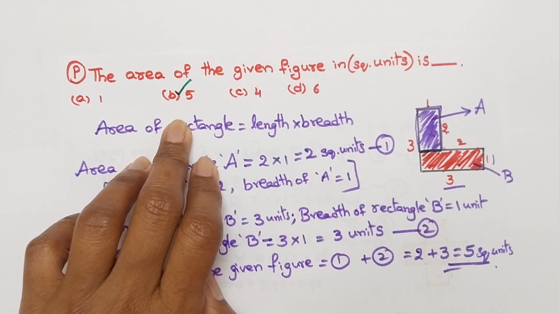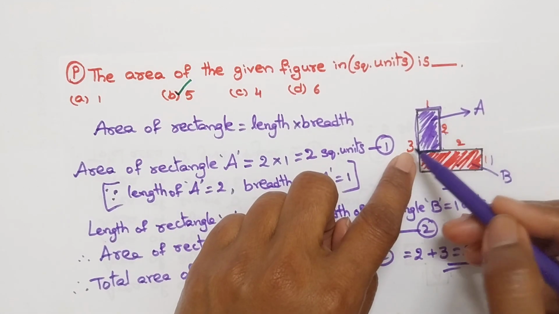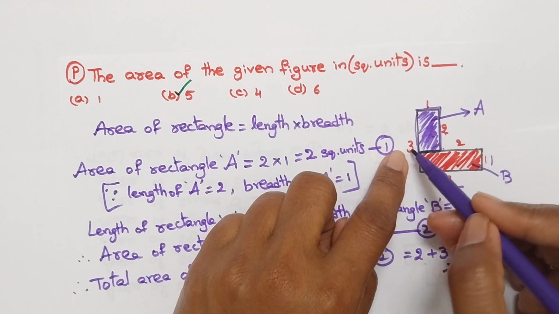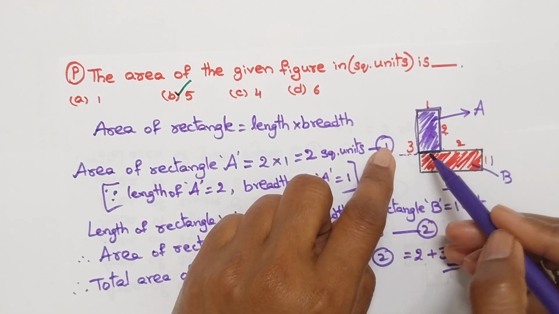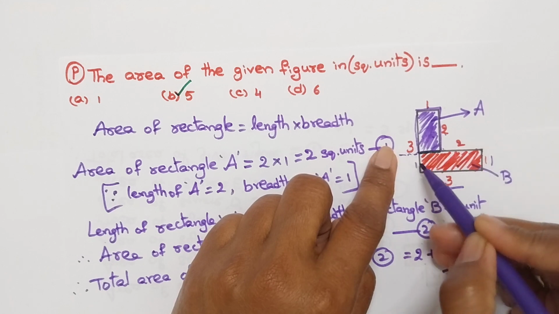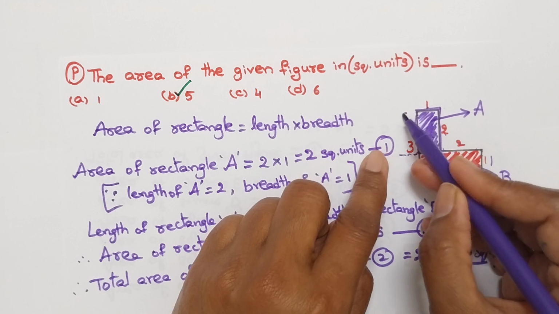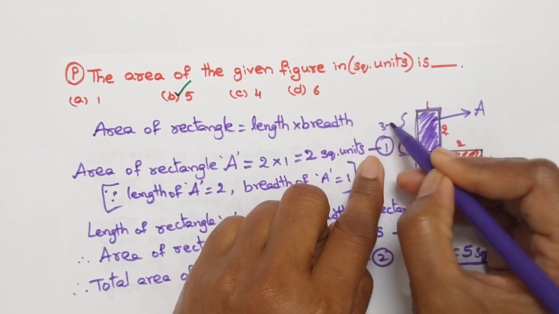Here, a small point I want to tell. Don't get confused about these values. Even though this is looking like 3, as we are doing partition here, in this 3, one part is left. So this length becomes 3 minus 1.